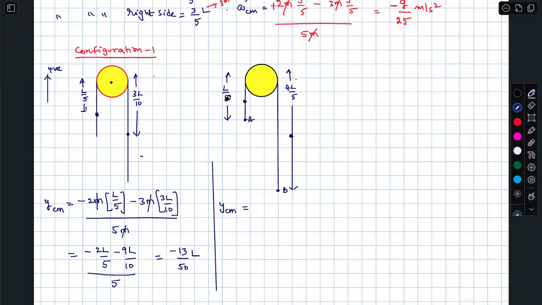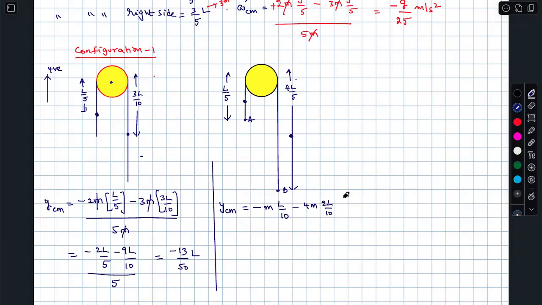This is m units of mass and 4m units of mass. So minus m times L by 10 minus 4m times 2L by 10.